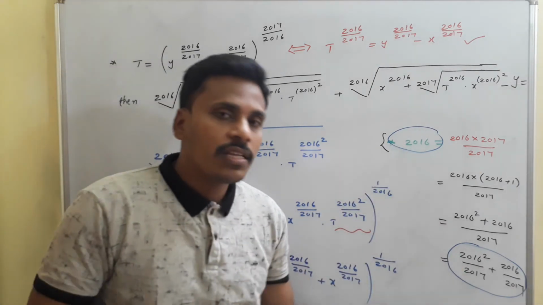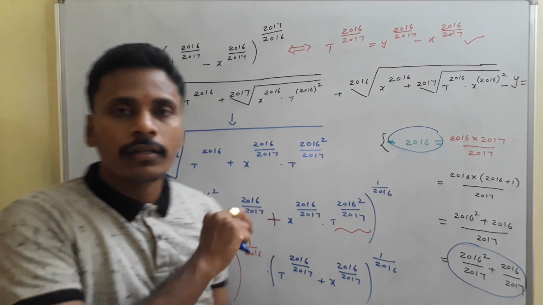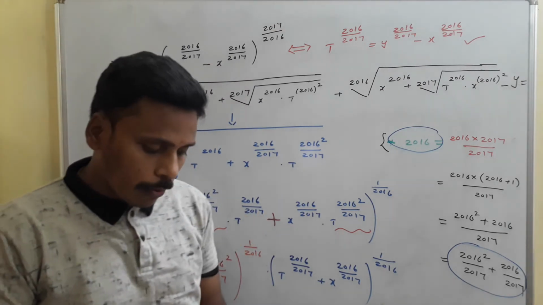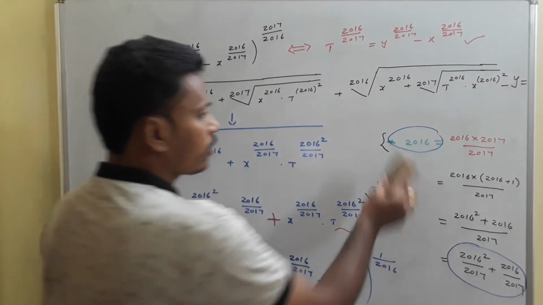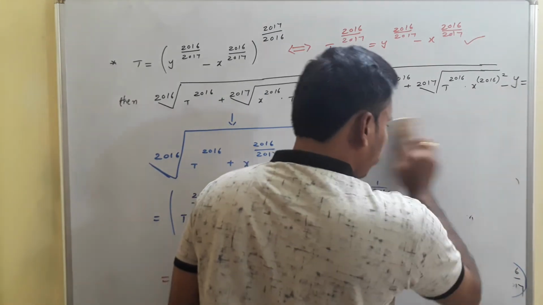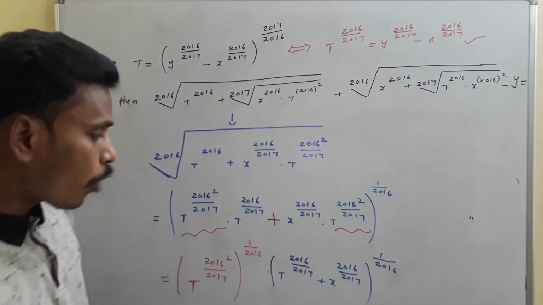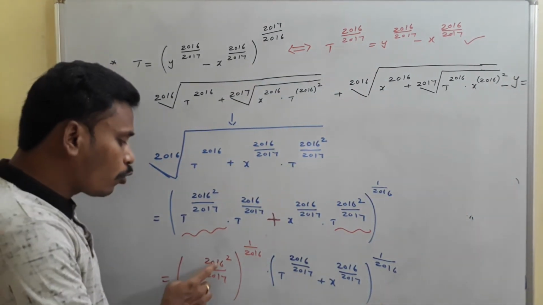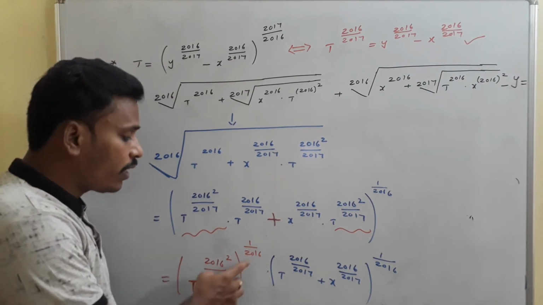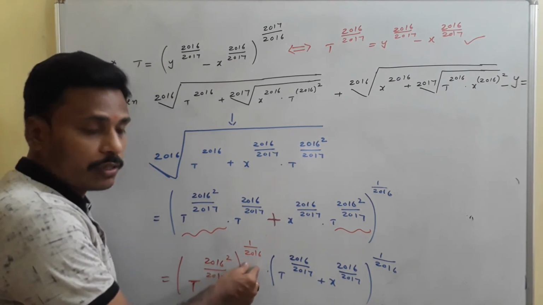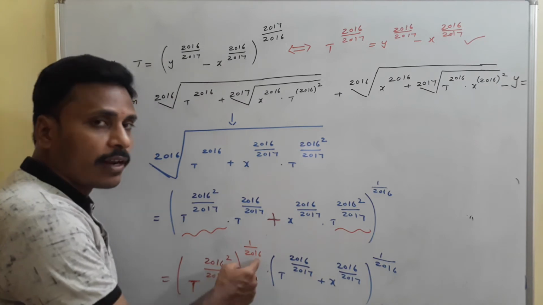This idea is the logic behind the solution of this particular problem. So I am erasing this for the space, and now if you observe here, see, t power 2016 square by 2017 whole to the power 1 by 2016. That means these two we need to multiply, right?